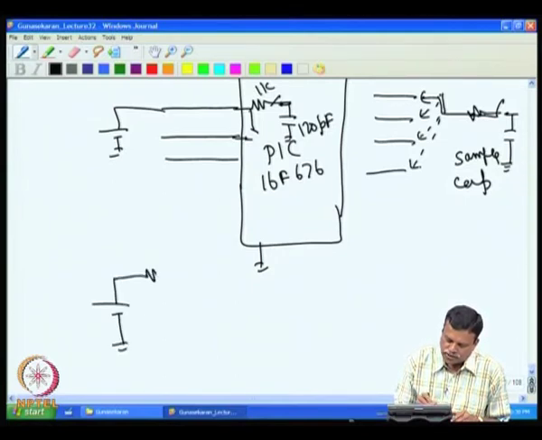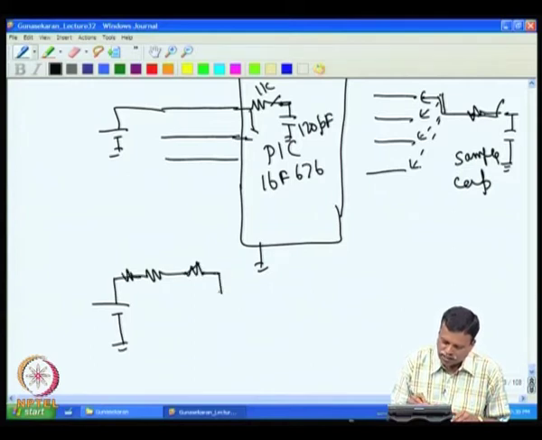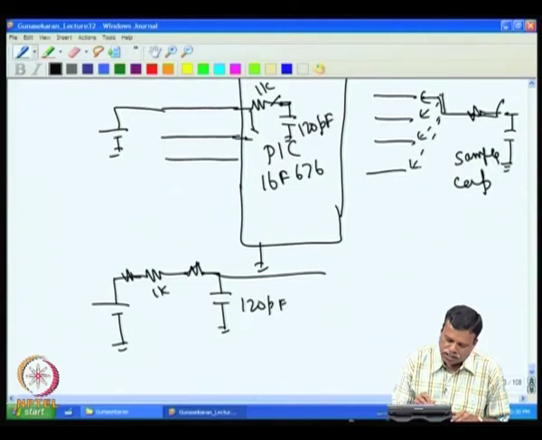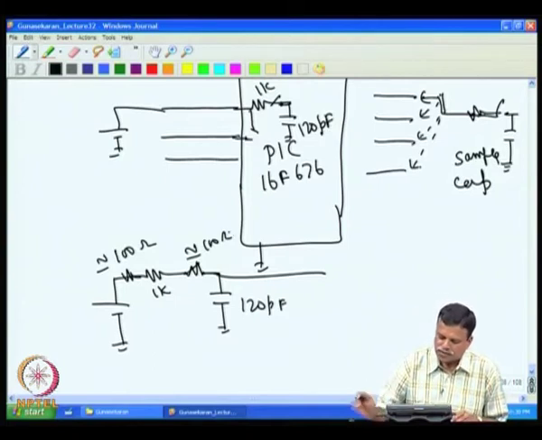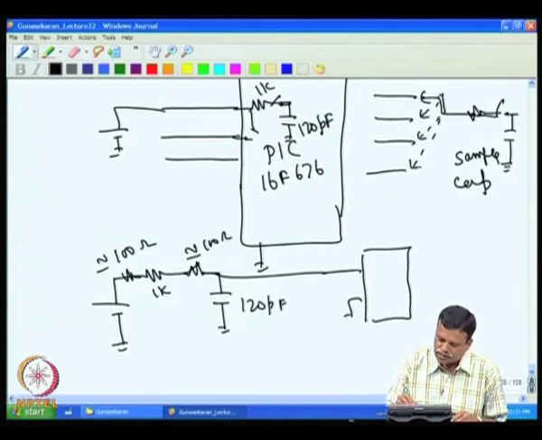You have 1K resistance, then the switch, and another switch which has an on resistance, and then about 120 pF capacitor. The 1K is inbuilt, and the switch resistances are each around a few hundred ohms. So about 1K resistance is in series to charge up this capacitor. Then this is given as the ADC input.